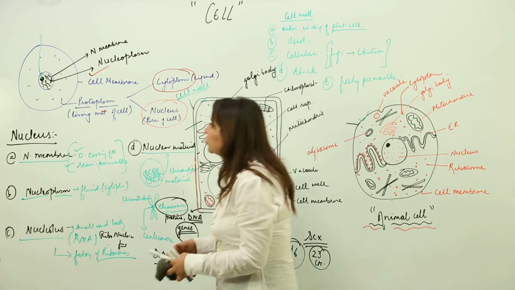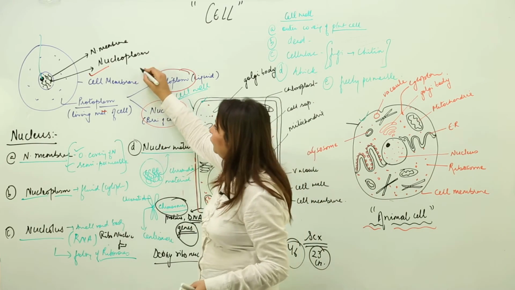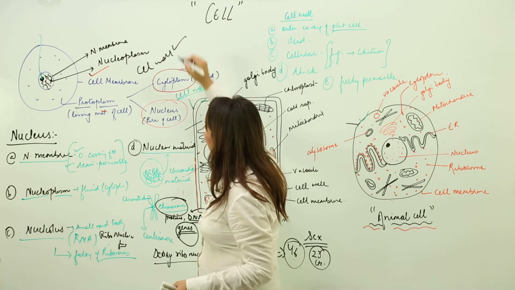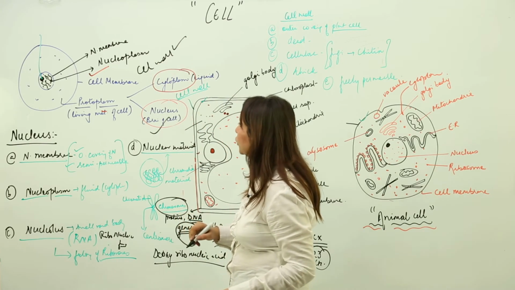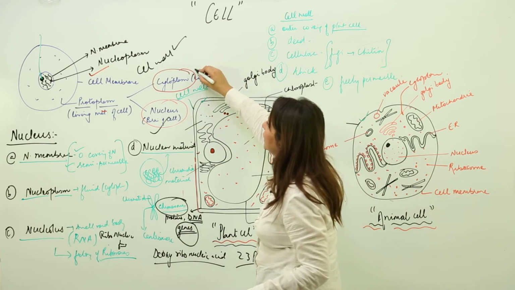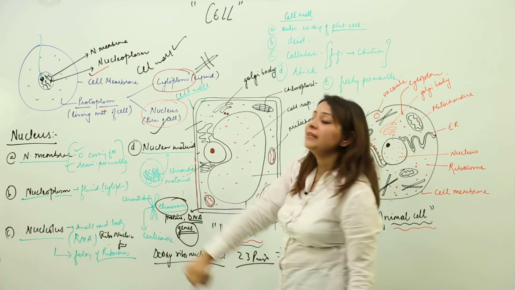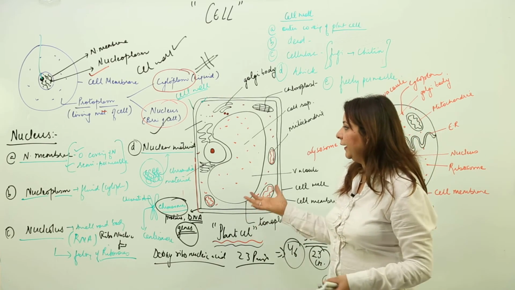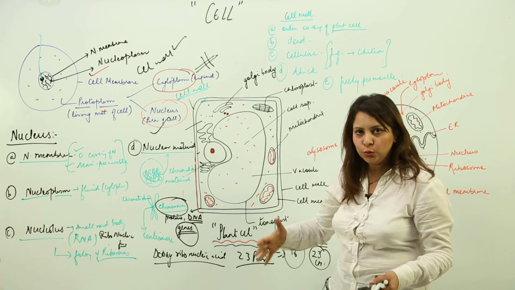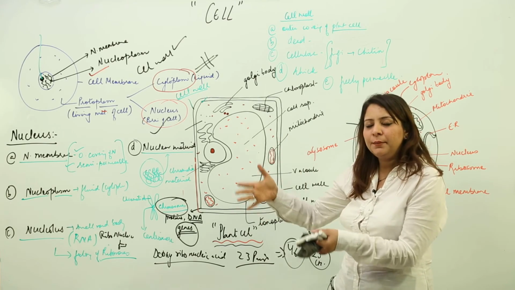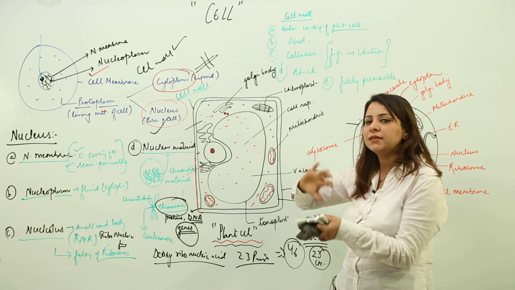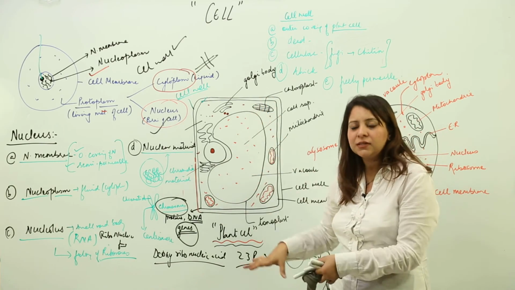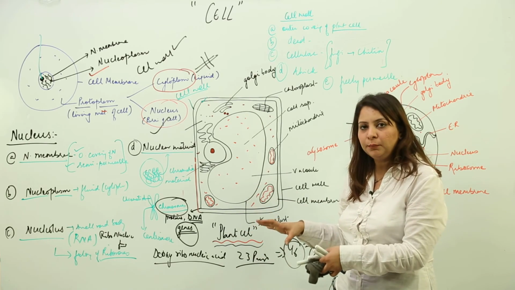Now, as we have done with the cell membrane, the cell wall, and the nucleus, we are going to start with the cytoplasm and see what the cytoplasm possesses. In the meanwhile, first try to learn these three things: cell membrane, cell wall and nucleus. Then write them and see if you get it completely.